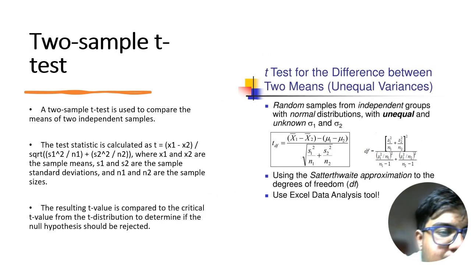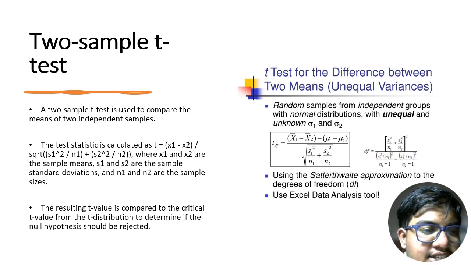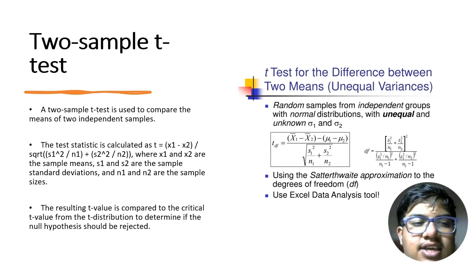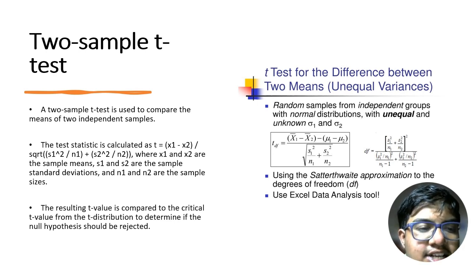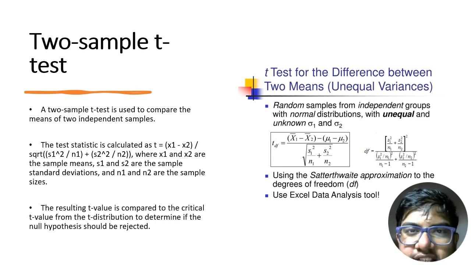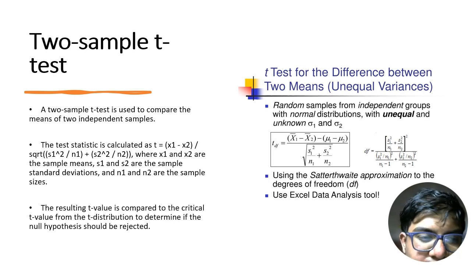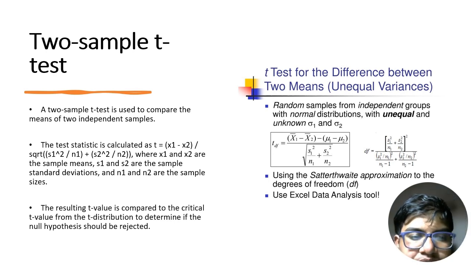A two sample t-test is used to compare the means of two independent samples. The test statistic is calculated as t equals x1 minus x2 divided by the square root of s1 squared over n1 plus s2 squared over n2, where x1 and x2 are the sample means, s1 and s2 are the sample standard deviations, and n1 and n2 are the sample sizes.